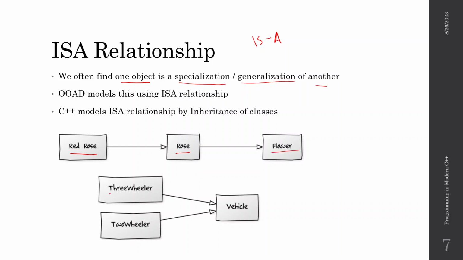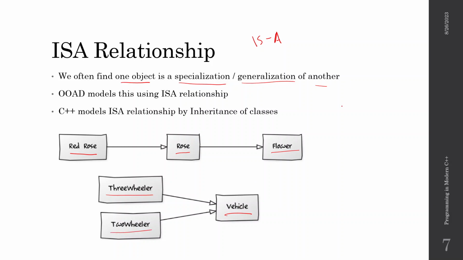Okay, so here we can see that this is a kind of chained relationship, because the red rose is a specialization of rose, and again rose is a specialization of flower, but that need not be the case. We can also have this kind of relationship where we have a three-wheeler is a specialization of a vehicle, and again a two-wheeler is also a specialization of a vehicle.